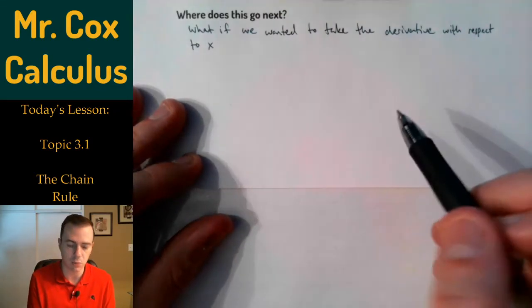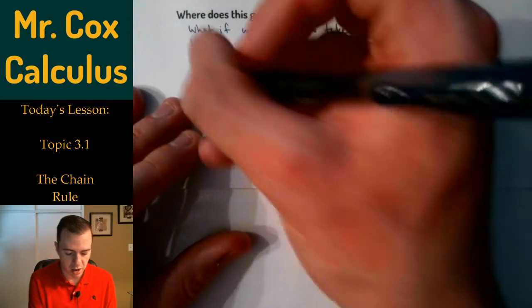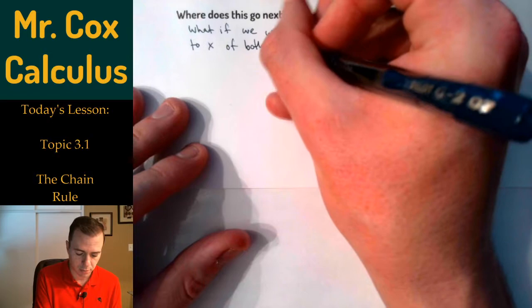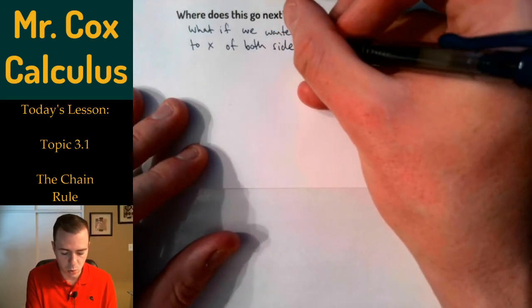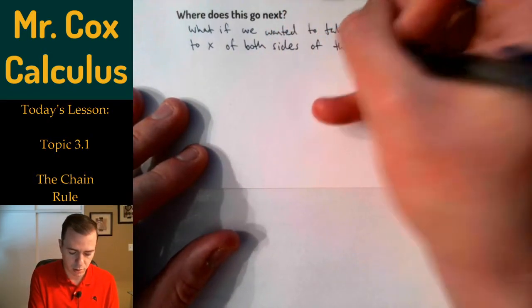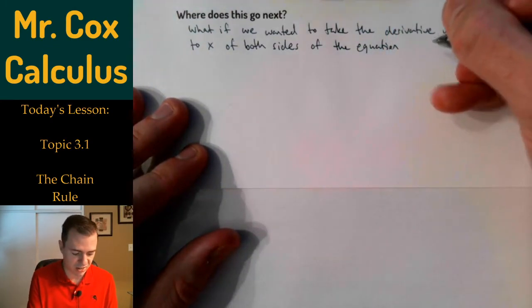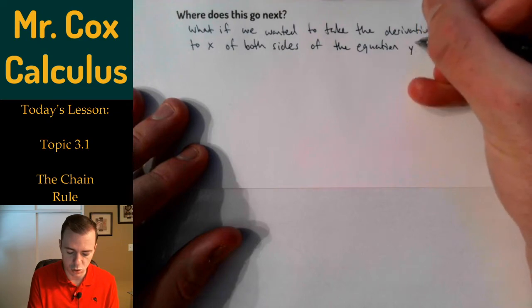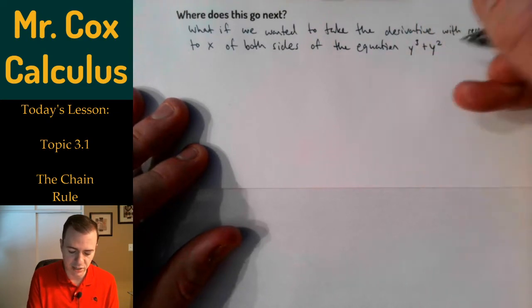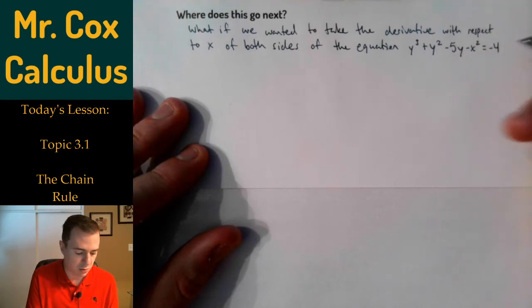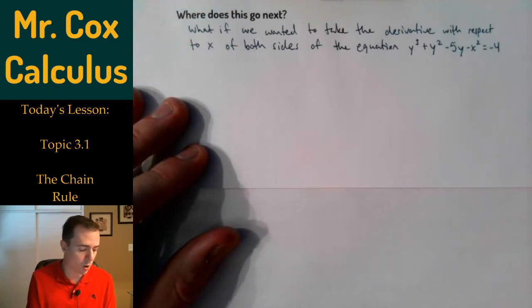So if we wanted to take the derivative with respect to x of both sides of the equation, well, let's throw an equation up here. Let's say y cubed plus y squared minus 5y minus x squared equals -4.